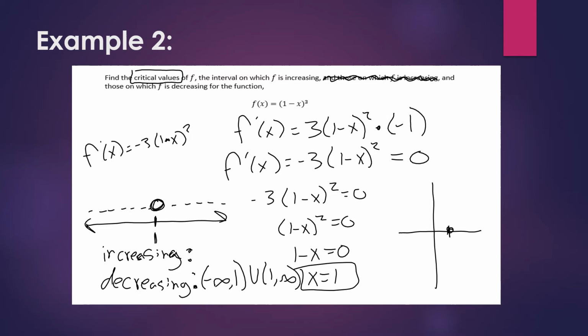So my function would be decreasing, hits this point where it's horizontal, and then is decreasing again, which is something that's very similar to a negative cubic function, which if you take a look at our function, this is a negative cubic function, 1 minus x cubed. If we were to multiply that out, it would definitely be a negative cubic function.